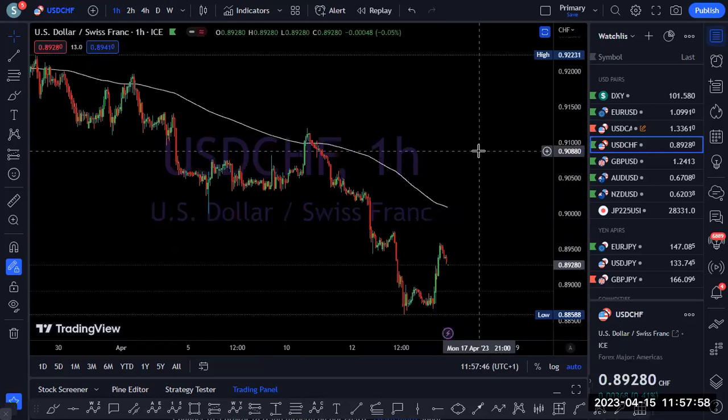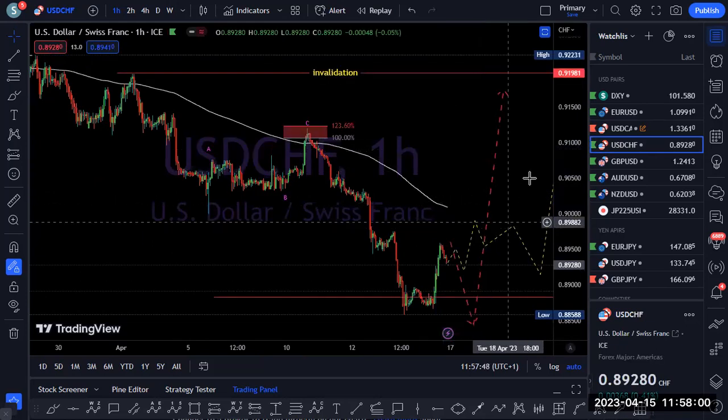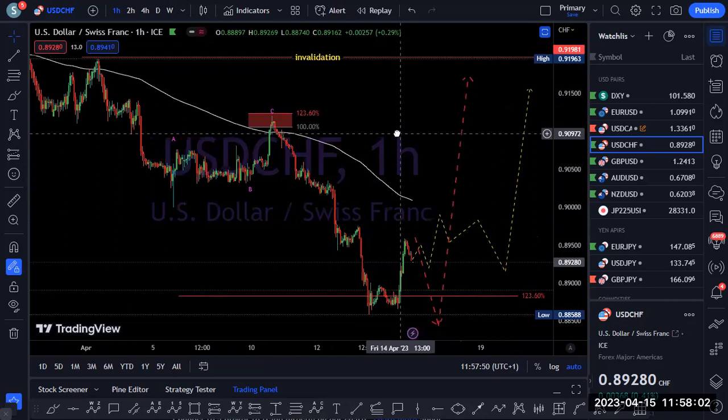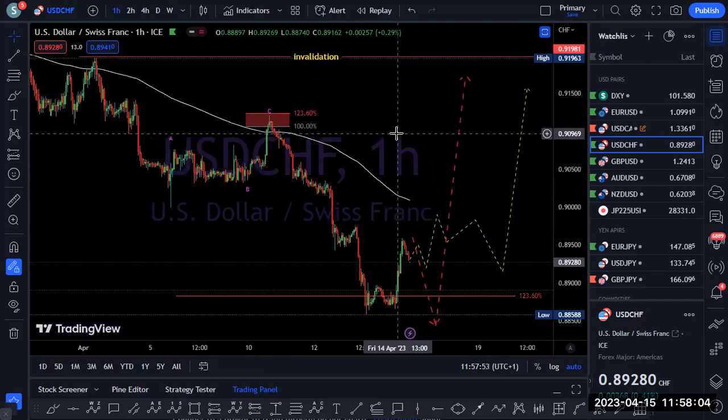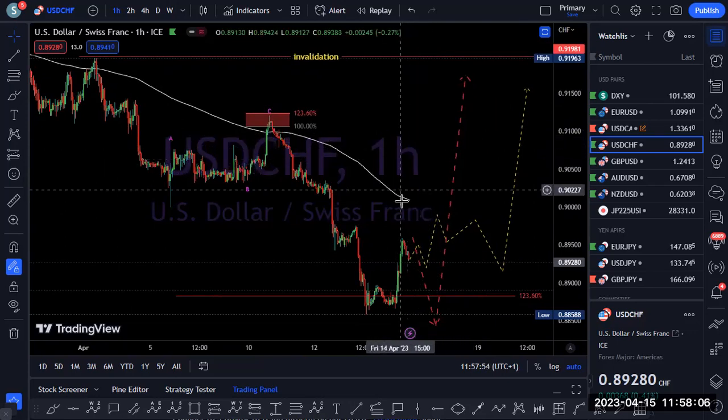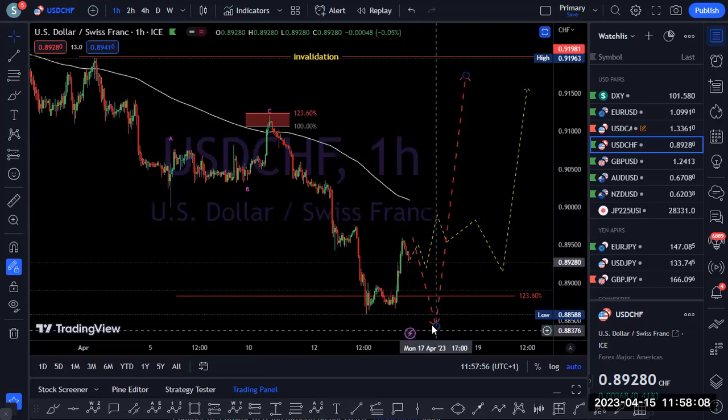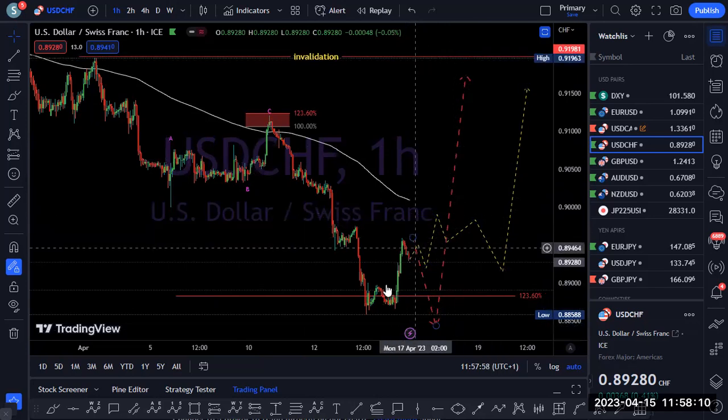USD-CHF is also having two biases. I mean, first bias, it can drop further before buying, or it can buy from here.